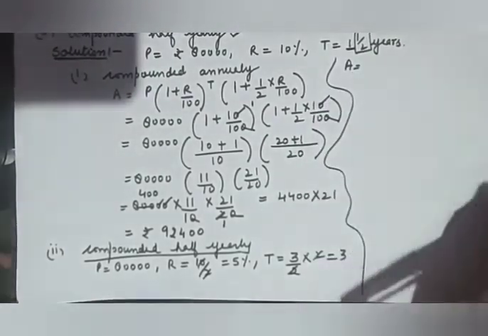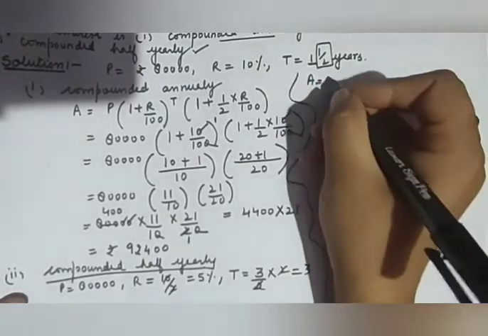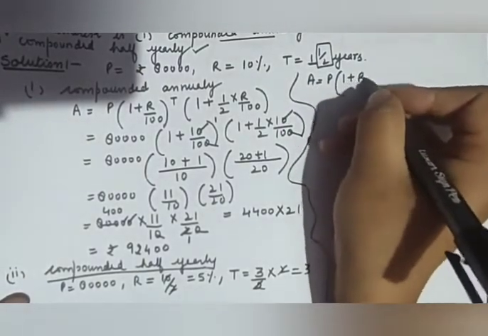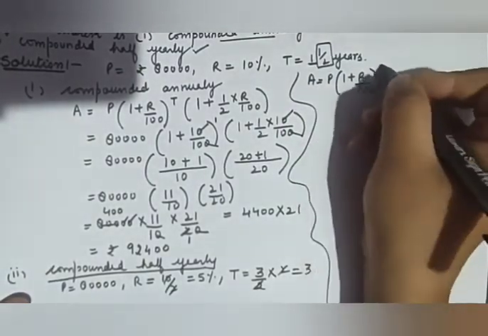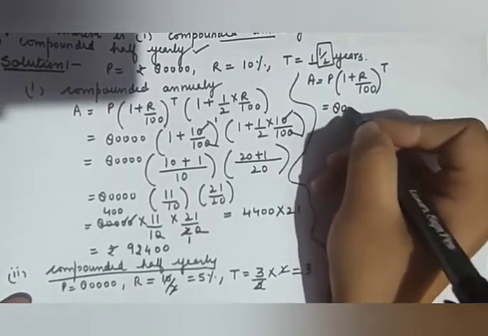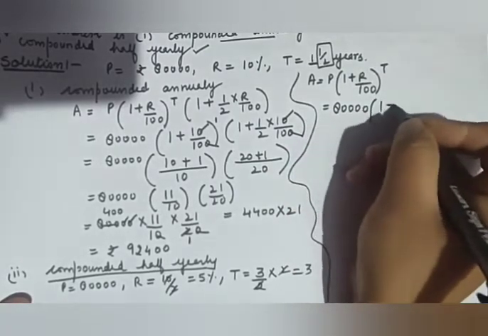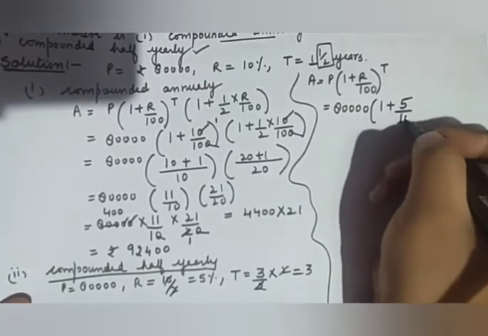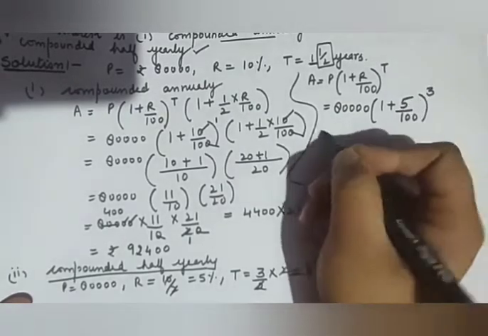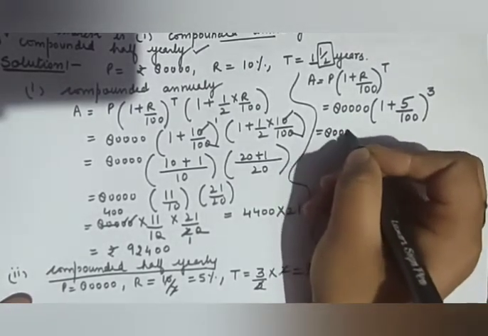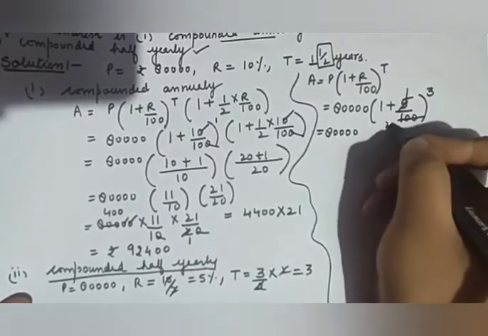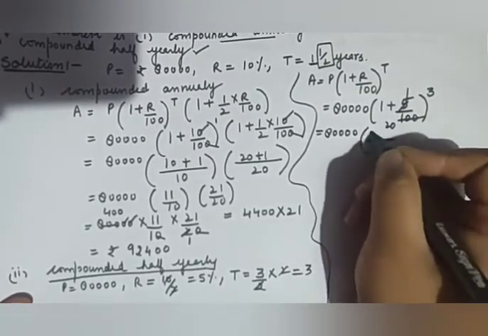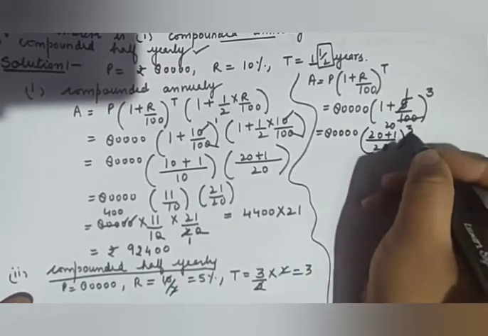So A is equal to P into (1 + R/100)^T. So P is your 80,000 already. Rate I have calculated as 5/100, and time I have calculated as 3 here. So 80,000, so it will be cancelled, 1 and 20. So again LCM is 20 here. So it is 20 plus 1, power 3.